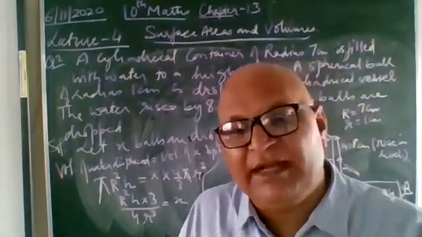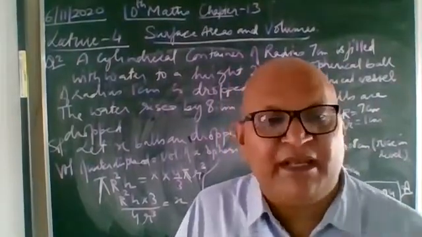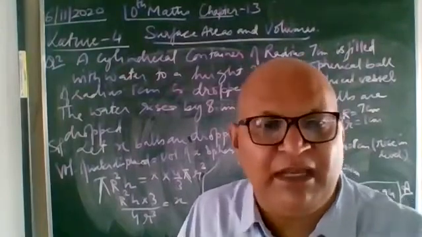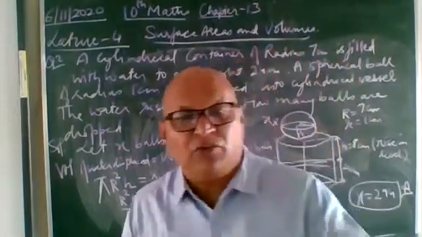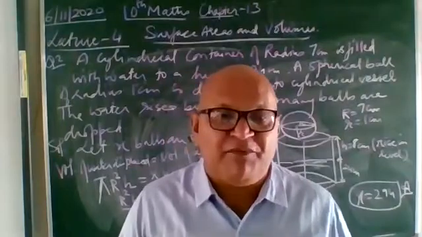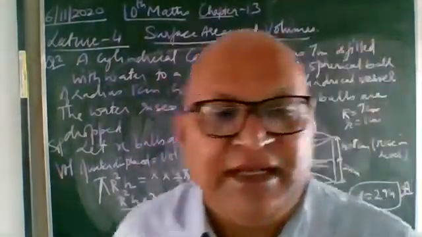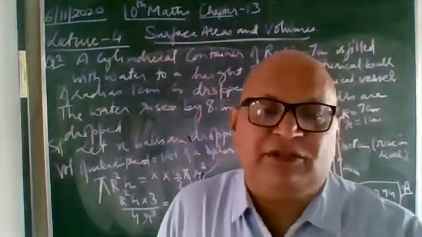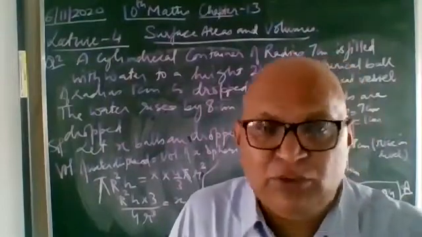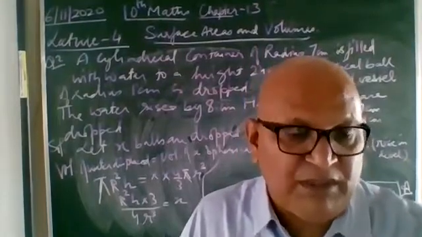You have to find out the height of the platform. So the volume of mud taken out from the cylindrical well is equal to the volume of the platform, which is cuboidal, having length, breadth and height. You know length and breadth, so you can find out the height of the platform. So there are this type of questions also.